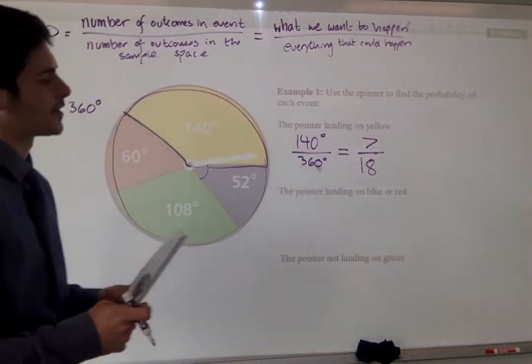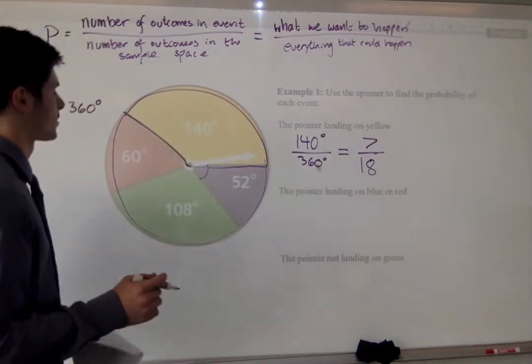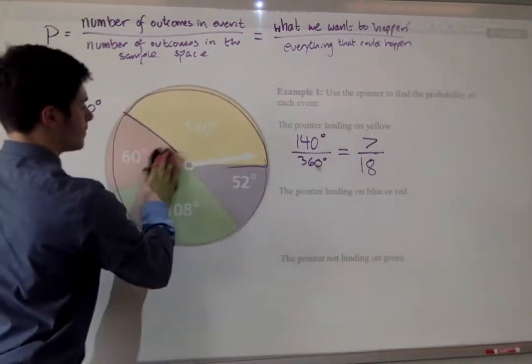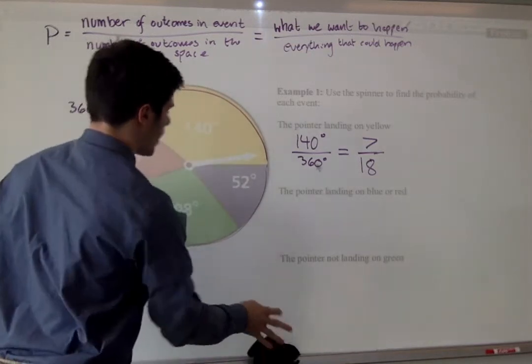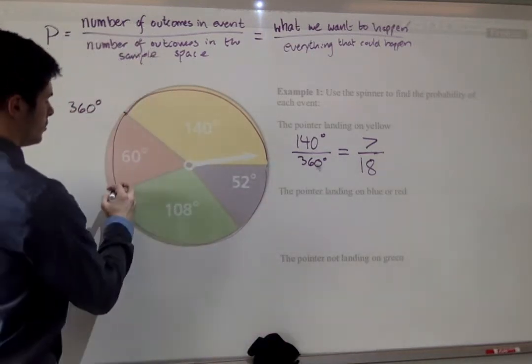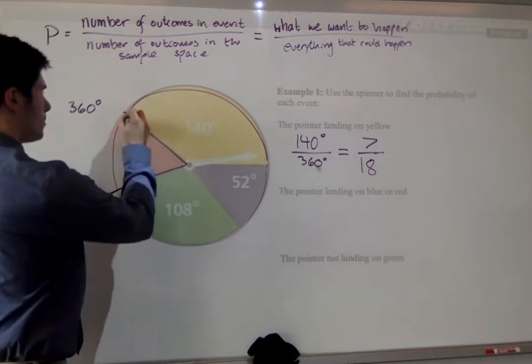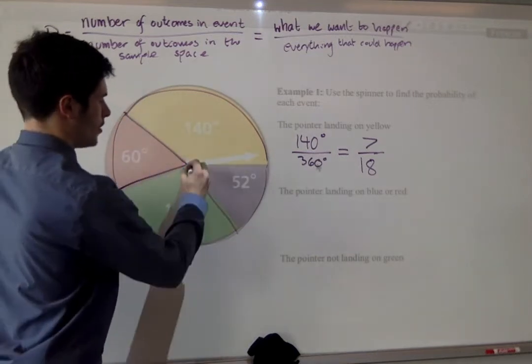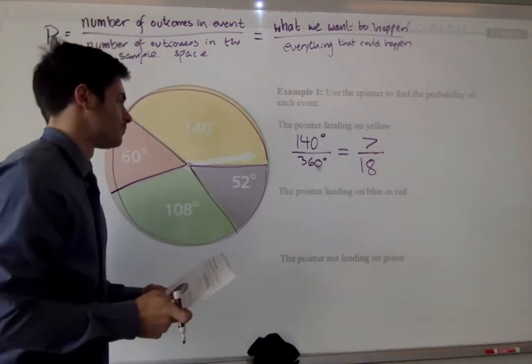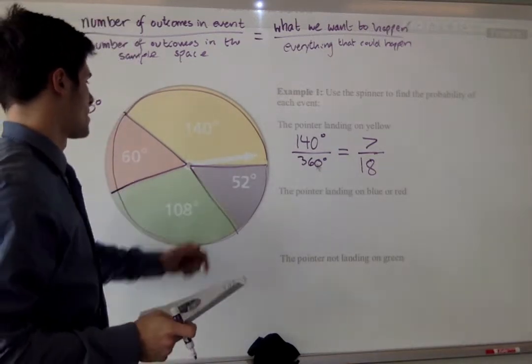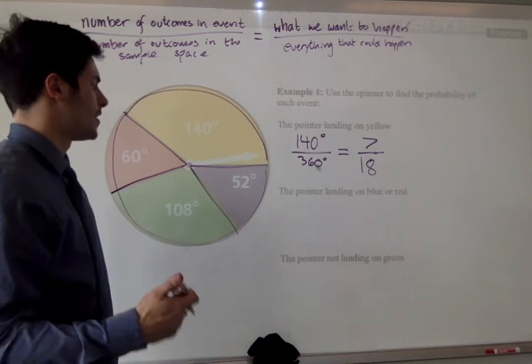The pointer landing on blue or red is the next task. So let's erase this line. We want blue or red. So this chunk or this chunk of pizza, not pie because we don't like pie. These chunks of pizza are what we want to land on.